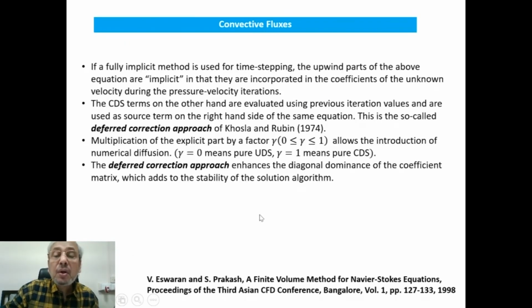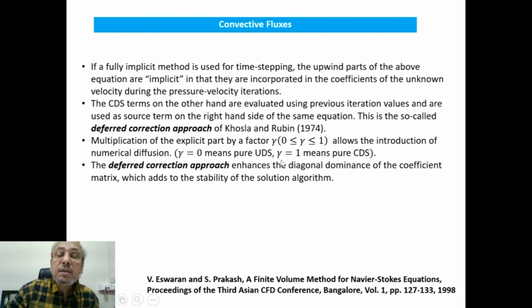So this factor gamma, which lies between 0 and 1, allows the introduction of numerical diffusion. If gamma equal to 0, this means pure upwind differencing. If gamma equal to 1, means pure central differencing.